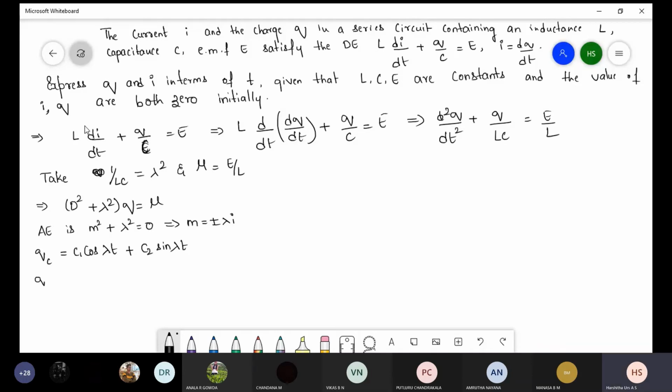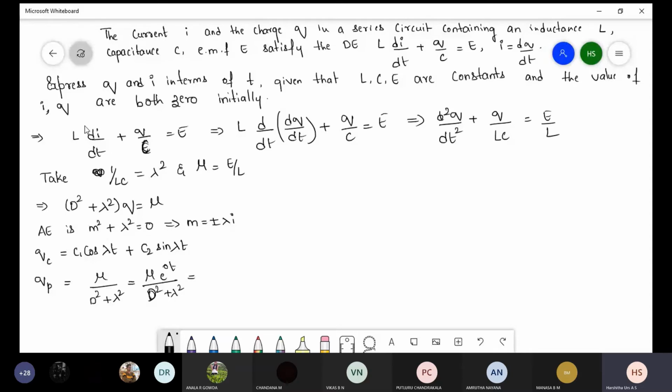After this, the particular solution: in the place of E by L we have taken mu. So mu divided by D square plus lambda square. This means e power 0t, nothing is there, so we can take e power 0t. So here it comes under case type 1, e power ax.